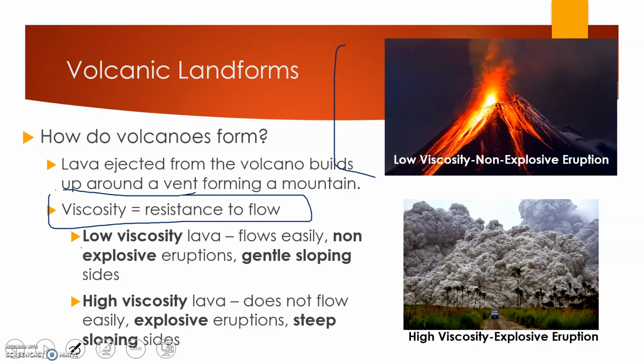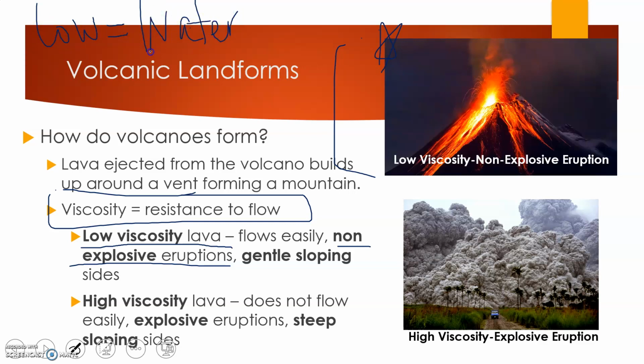So low viscosity lava flows easily. It's in non-explosive eruptions, okay? Gently sloping sides. So this is going to be a non-explosive eruption right here. So this is going to be low viscosity, meaning it's just going to flow quickly. In terms of low viscosity, things that flow quick, in terms of liquids, would be like water.